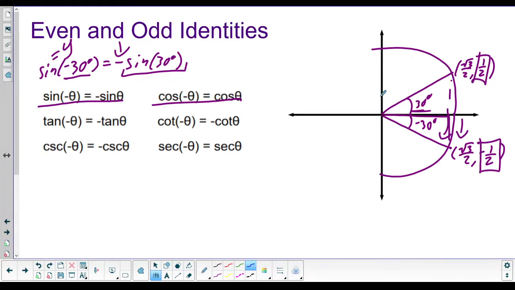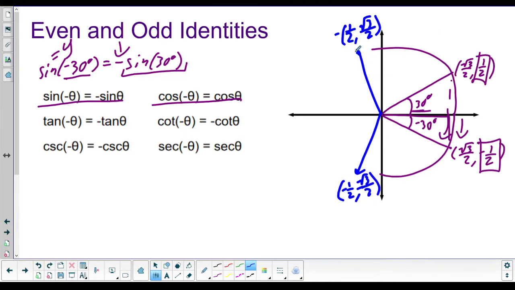And you can check this for any angle you want. Like you could do 120. So this would be negative 1/2, radical 3 over 2. If you go negative 120, you can see you're going the same x distance, negative 1/2, but now we've gone down, so it's radical 3 over 2, but negative.